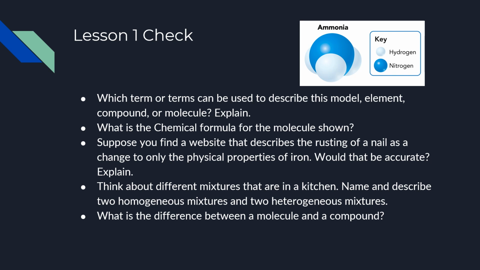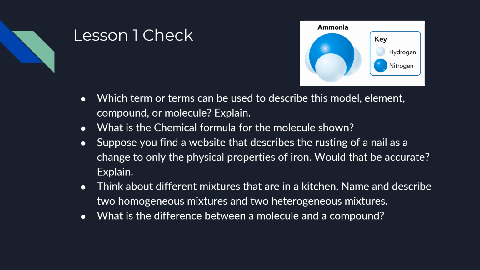What is the difference between a molecule and a compound? So a molecule is a group of 2 or more atoms held together by chemical bonds, but not necessarily different types of atoms. A compound is a group of atoms of different elements.